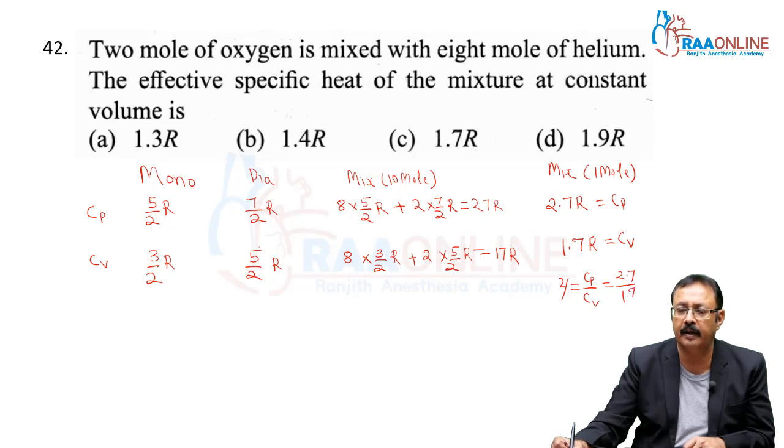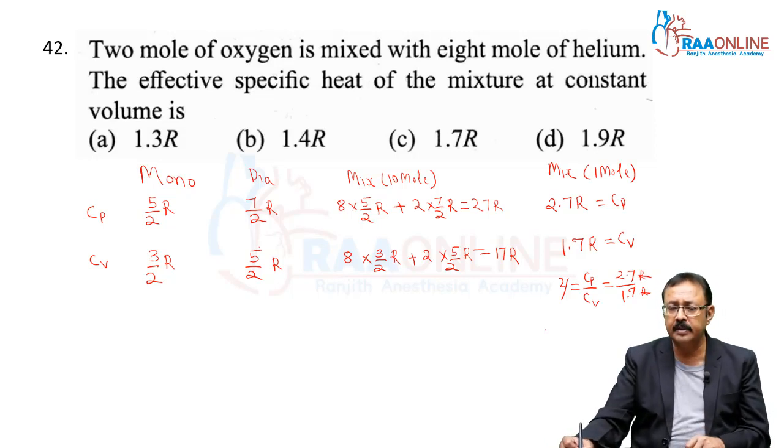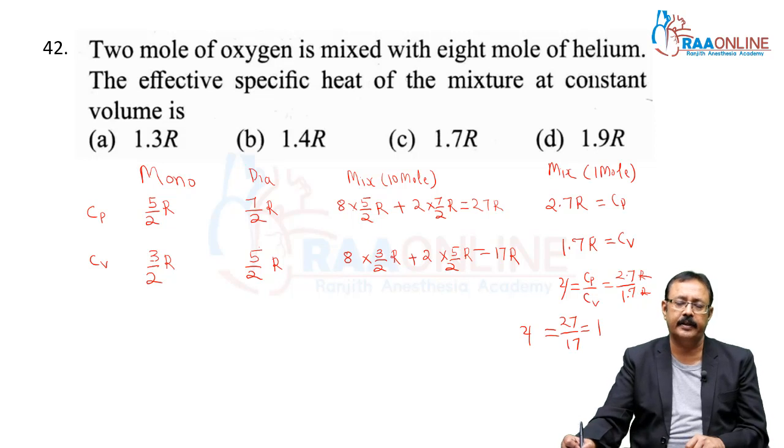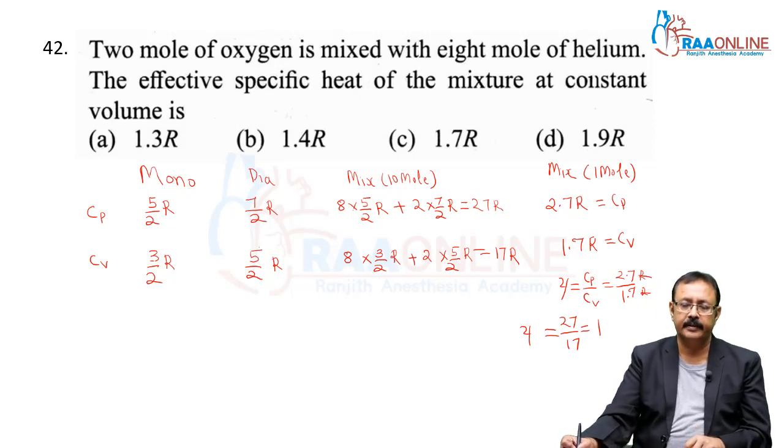We cancel R with R, because that is cancelled out. So gamma is 27 by 17.